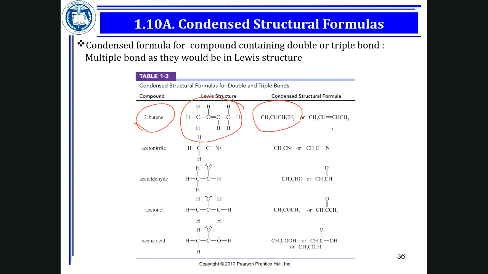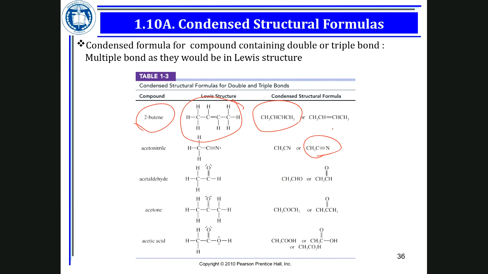When you are writing the condensed structure, you must show the functional group. So your CN triple bond, this is showing the functional group. It's kind of too early, but it's very important when you are writing the condensed structure.